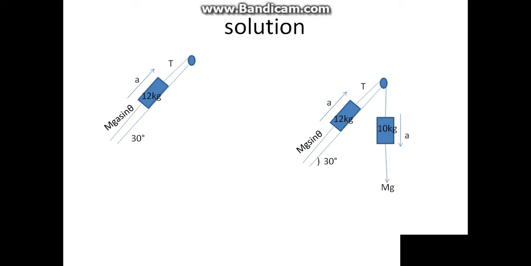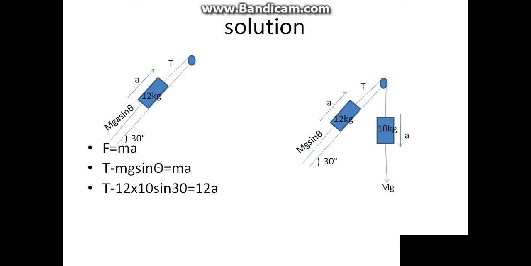The tension on the rope minus the force of gravity, which is mg sin theta, is equal to ma. So T minus 12 times 10 sin 30 is equal to 12a, that is mass 12 times a. Therefore, T minus 60 is equal to 12a. T minus 12a is equal to 60 will be taken as our equation 1.